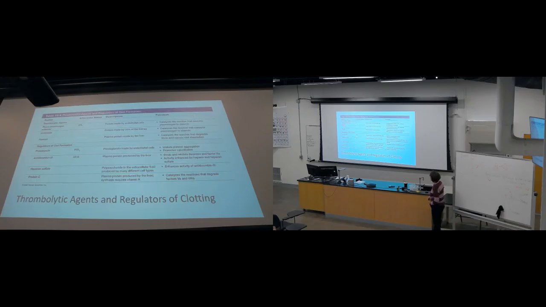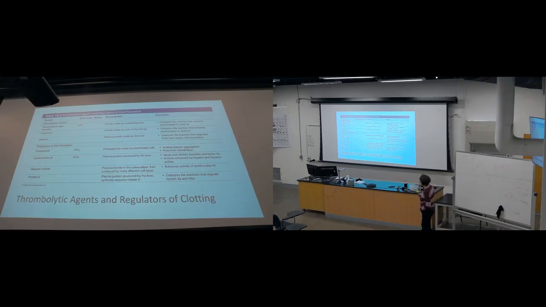Anyway, and then here are the thrombolytic agents. So we have TPA, that is made by the endothelial cells. We have other ones like antithrombin 3, prostacyclin, that is made by endothelial cells. Heparan sulfate, that is produced by many different cells, blood cells included. And these are antagonistic, with antithrombin binding and inhibiting thrombin and factor 10.